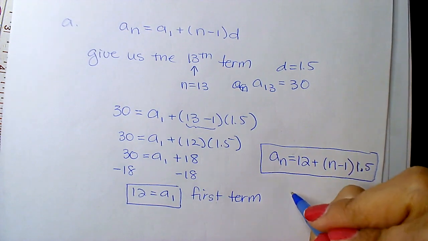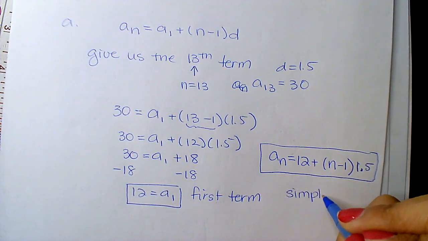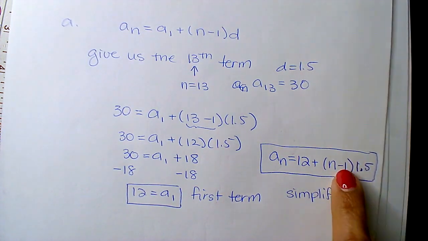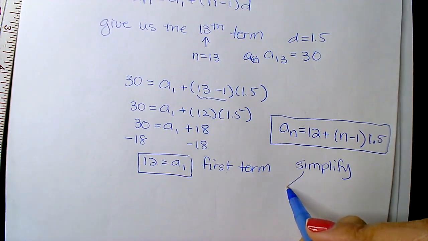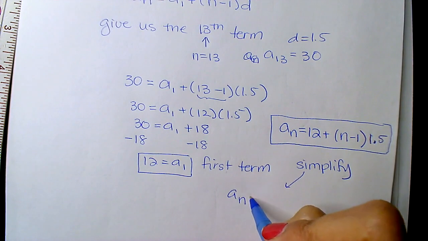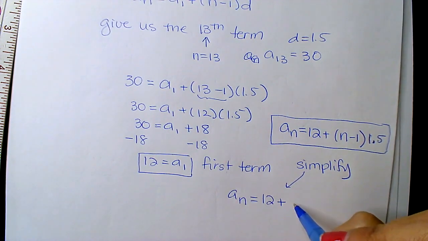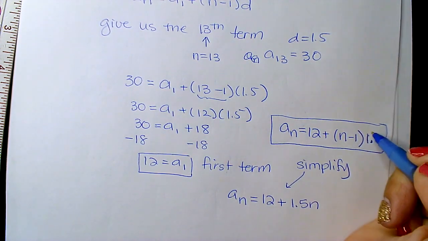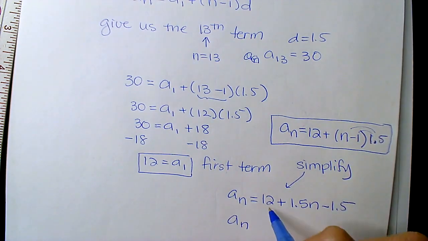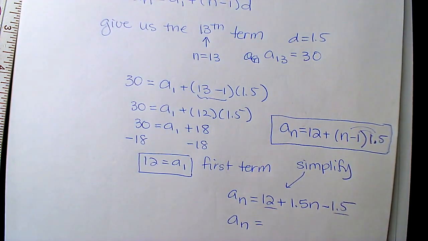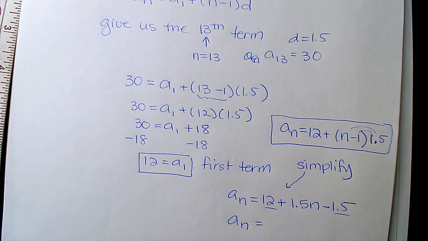So if I wanted to simplify, you're going to distribute that 1.5, right? So I'm going to take it over here, and then distribute. And then now combine your like terms. What's 12 minus 1.5? 10.5, right?